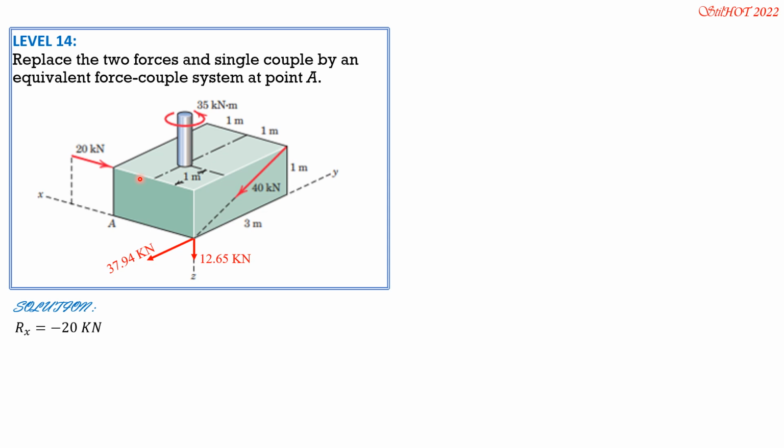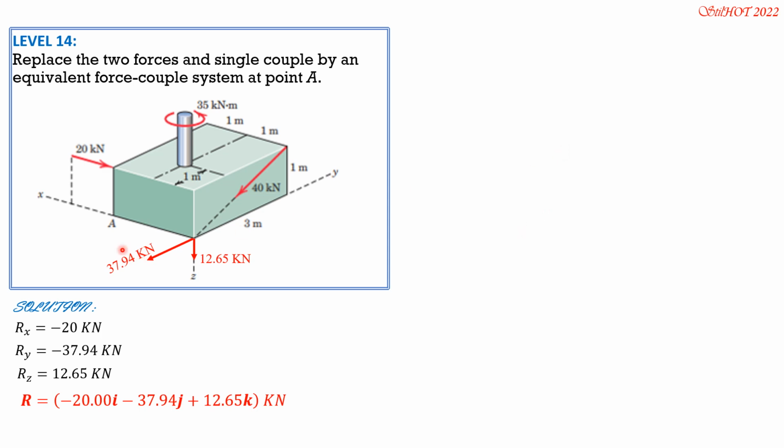Ry is negative 37.94, and Rz is positive 12.65 because it is towards the positive z-axis. So R in vector form is negative 20 I minus 37.94 J plus 12.65 K kilonewtons.